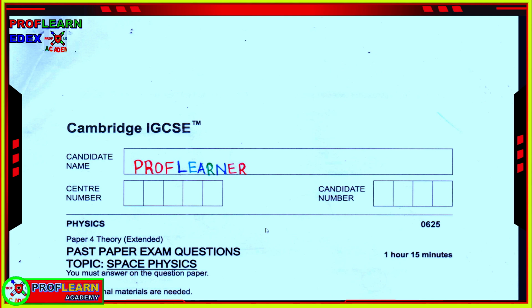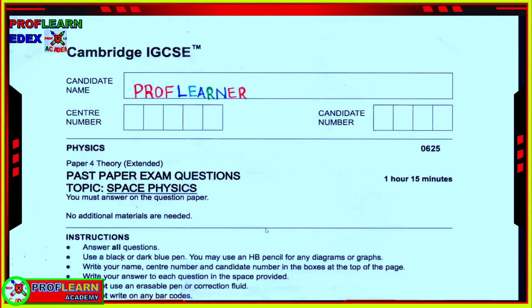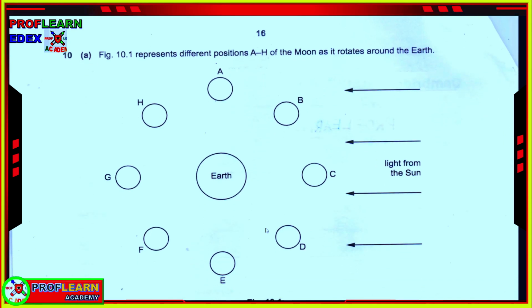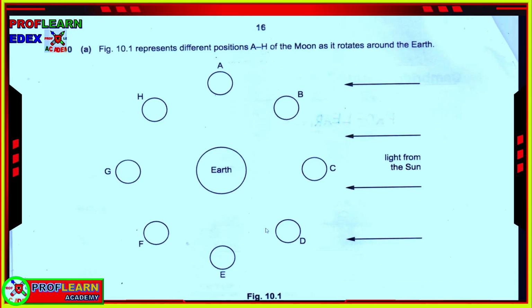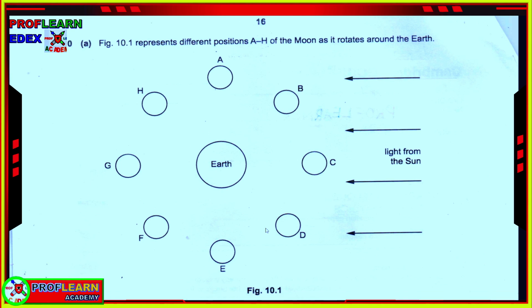Now, moving to the question, we can see here we have a figure that represents different positions of the moon as it rotates around the earth. Remember, a moon does not produce its own light because it's a satellite, and it just reflects the light that comes from the sun.